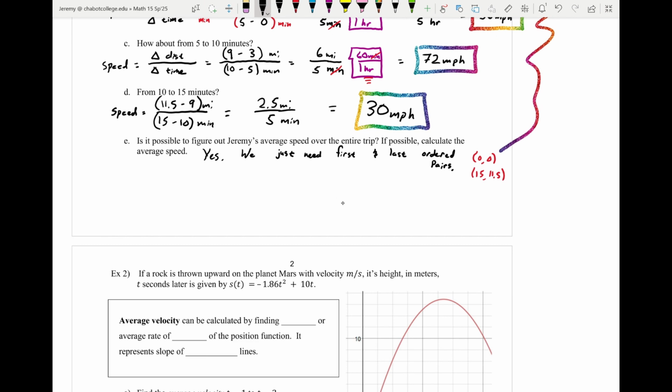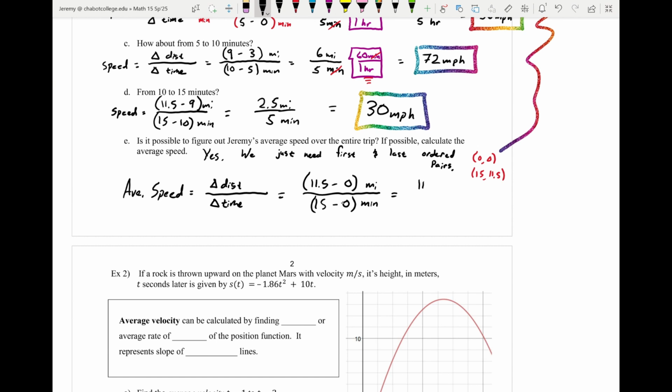So the average speed is going to be the overall change in distance over change in time. Let's calculate that. It'll be the difference of the y coordinates, so 11.5 minus 0, in miles, over 15 minus 0 minutes.